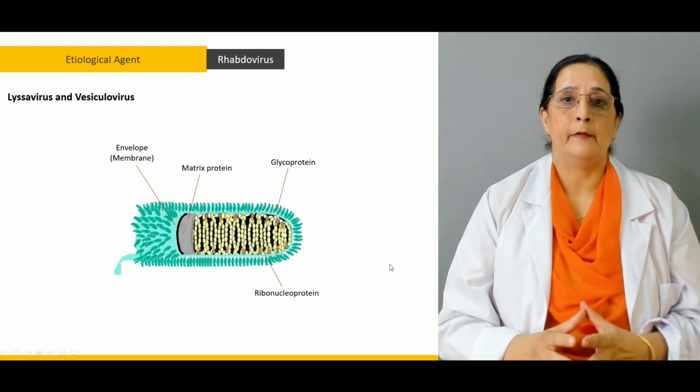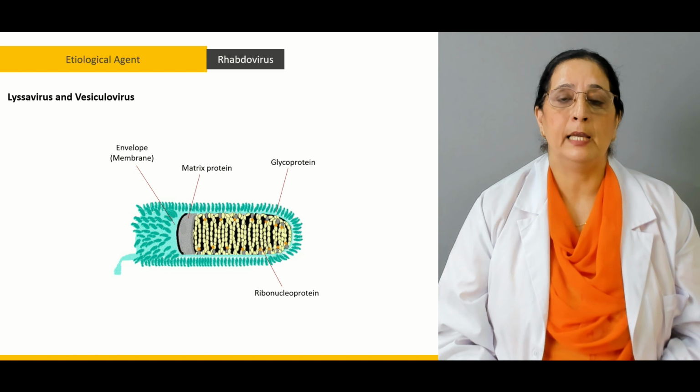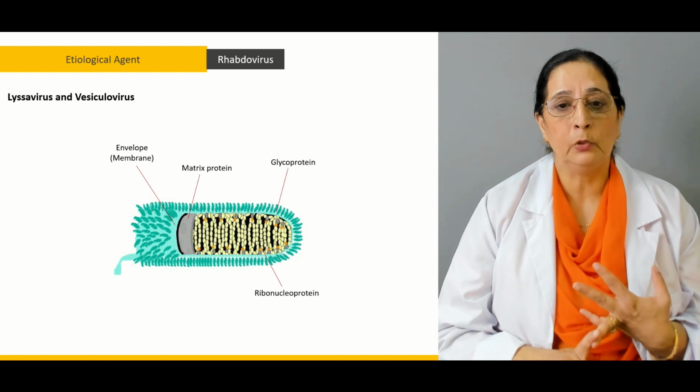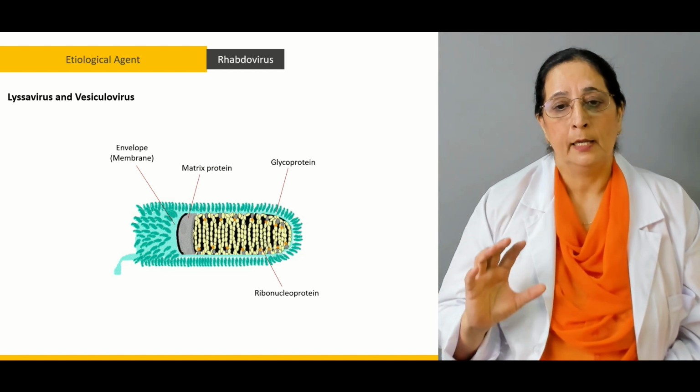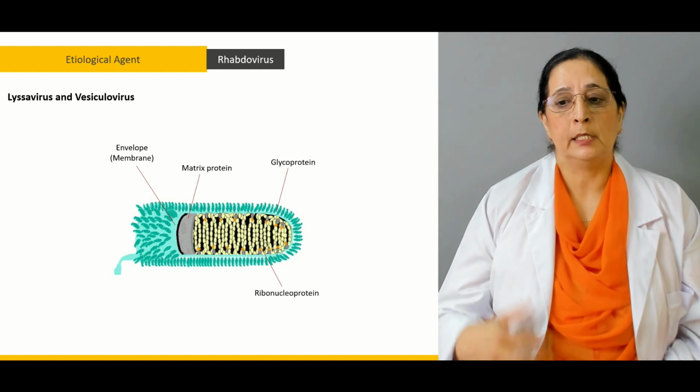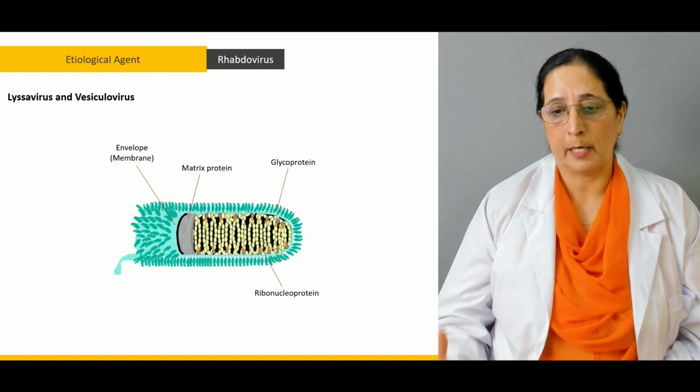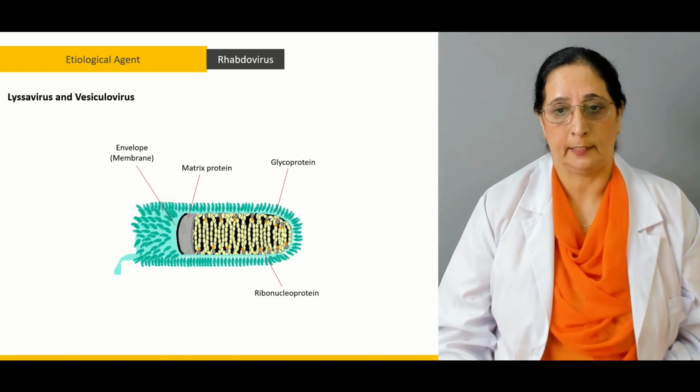The rhabdovirus is a single-stranded RNA virus, with the envelope or membrane, the matrix protein, the glycoprotein, and the ribonucleoprotein. So the rhabdovirus is the causative agent, with lyssavirus and vesiculovirus.